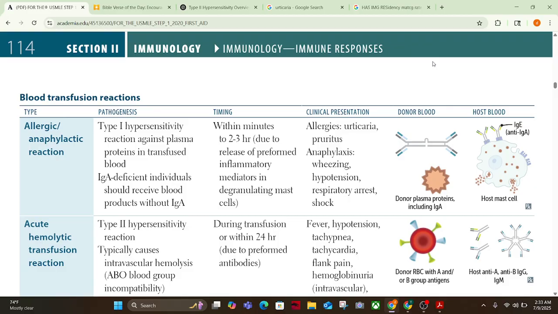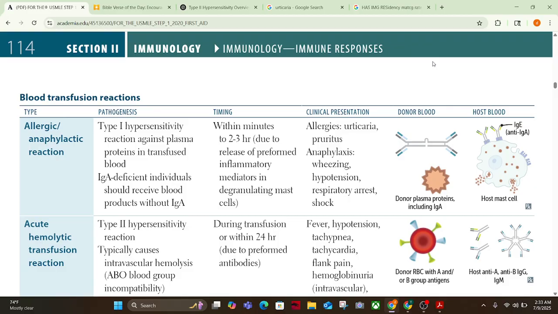So what happens after the body makes the anti-IgA antibodies is they go onto the mast cell.